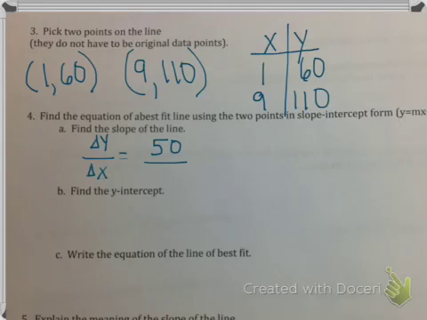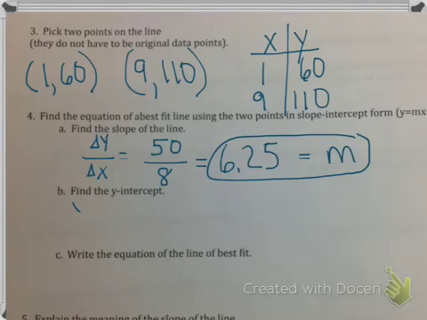And then we want to find out how much did it change for our x, 1 to 9. And that's a difference of 8. So we want to divide 50 by 8, and we get 6.25, and 6.25 then becomes our slope, which is m.